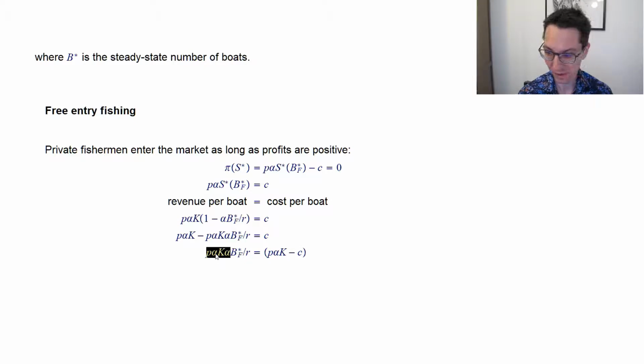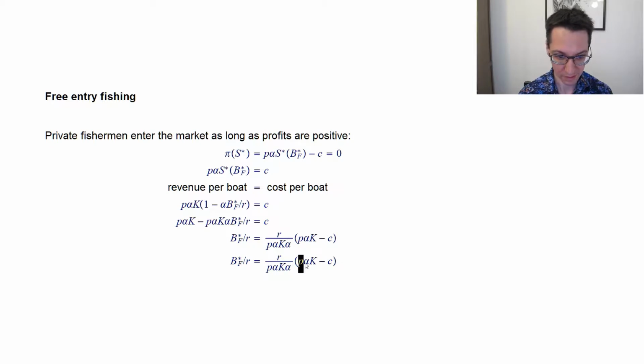Here I have R divided by this thing here, and let's just multiply a bit inside the parenthesis.